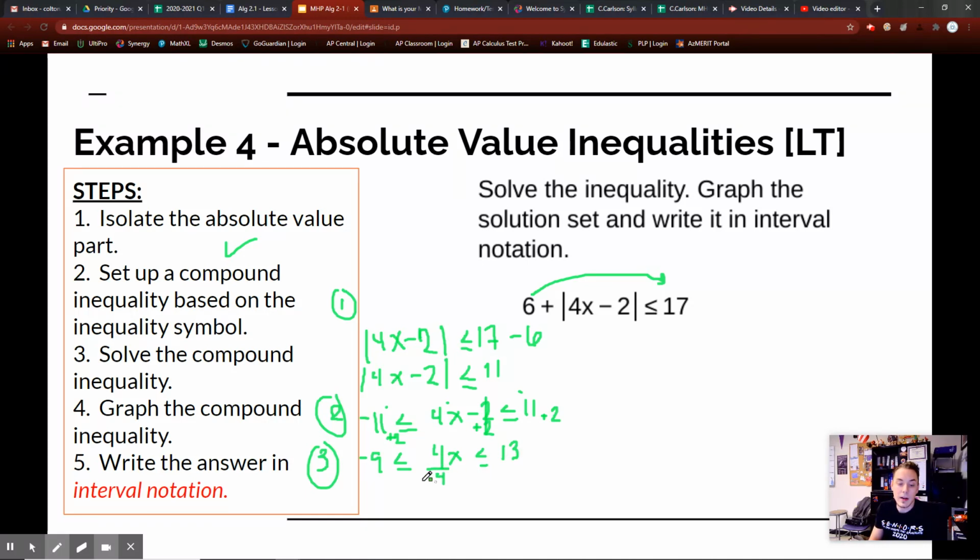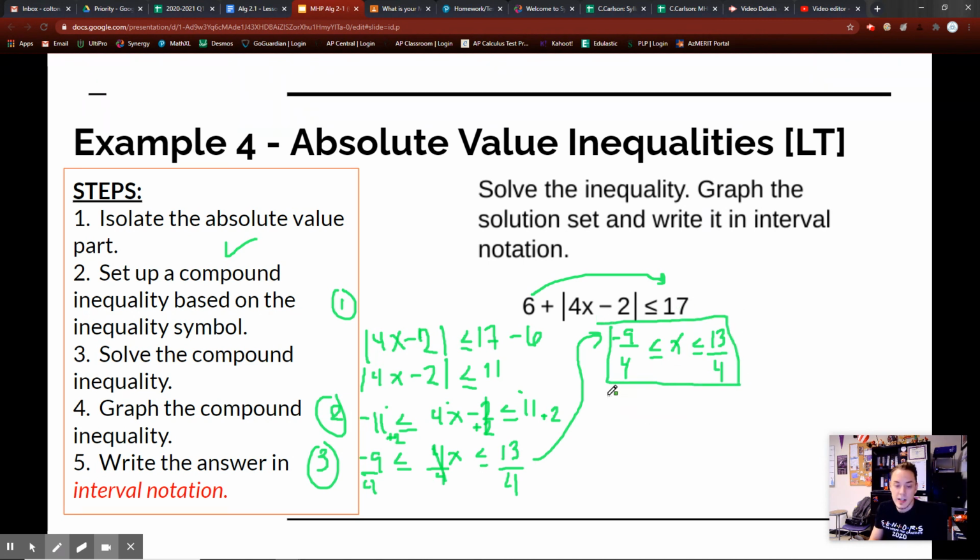Now I'm going to divide by 4, divide by 4, divide by 4. What's my actual answer? This will be negative 9 over 4 is less than or equal to x, because the 4's go poof, and then this is less than or equal to 13 over 4. Great. This is my awesome inequality.